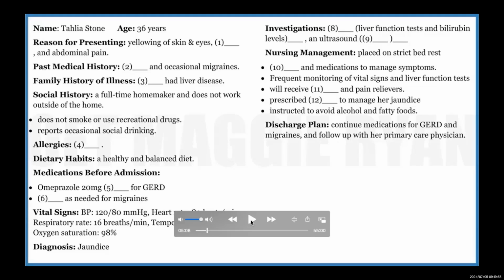The answer is? Ursodeoxycholic acid. That's right. Correct. Yes. So in the case notes, you see prescribed something. Yes, she is prescribed. So they use the passive form here, passive voice. But in the tape, they're using active voice. We will prescribe you something, something to manage your symptoms.